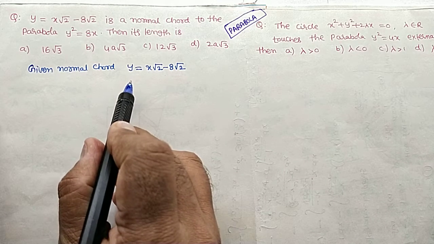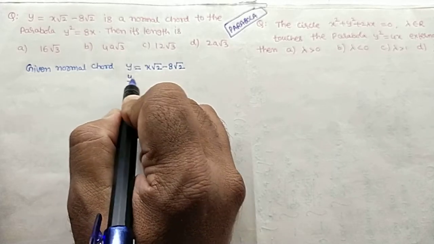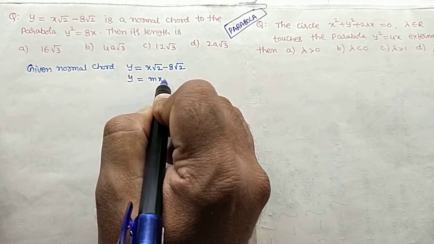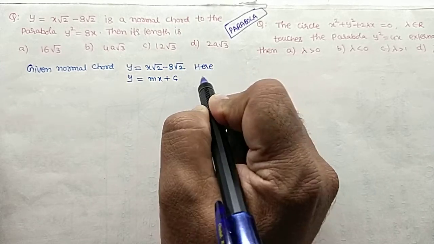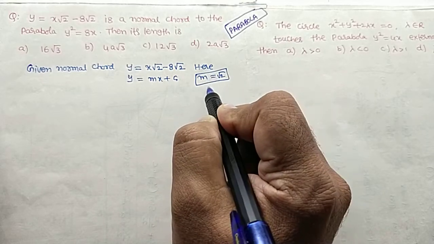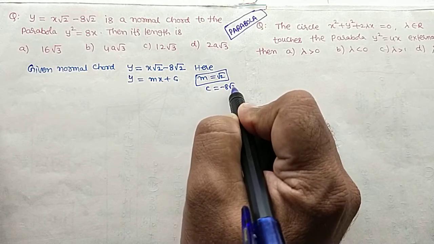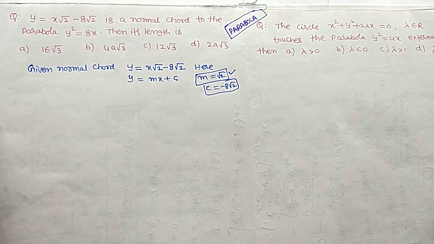This equation you have to compare with y is equal to mx plus c. So here m is equal to root 2 and c is equal to minus 8 root 2. The c value is not required, but the m value we need to consider. m is equal to root 2.